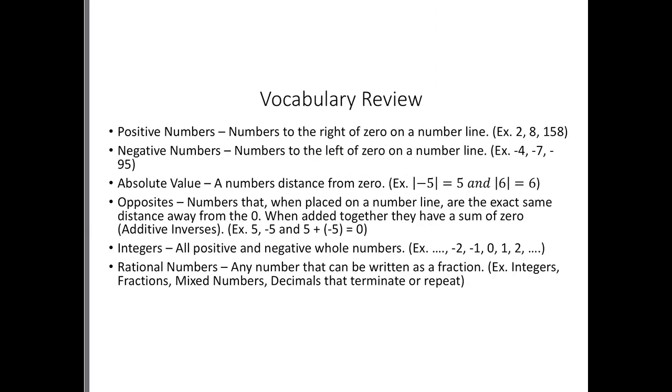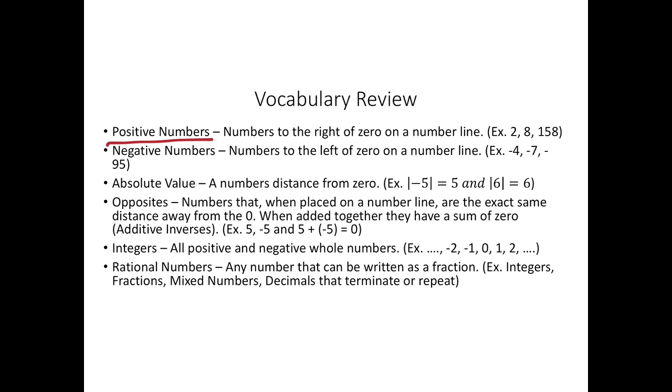So for a little bit of review, positive numbers are all of the numbers that are to the right of 0. So that is your normal counting numbers. 1, 7, 12, all the numbers like that. Here are a few listed as examples.